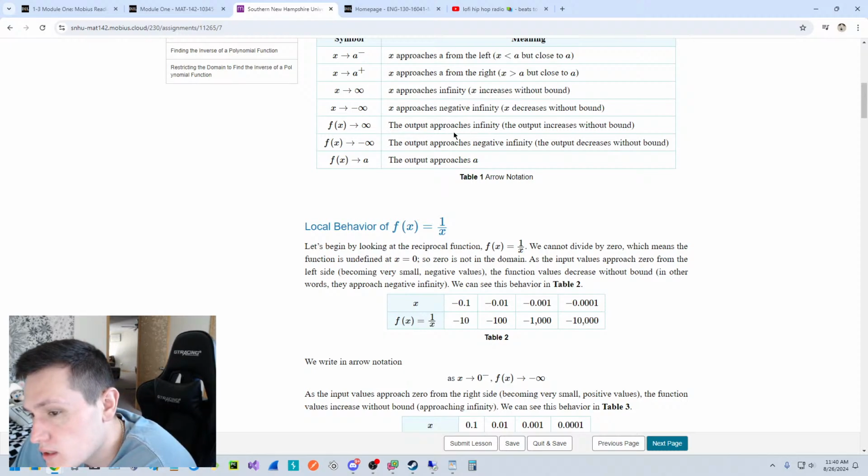Approaches. So this means the output, whatever you're getting, is going to be approaching infinity. Output's going to be, what does this mean?